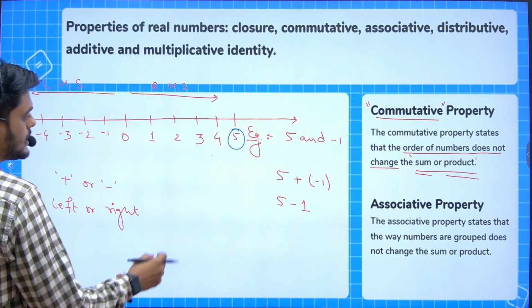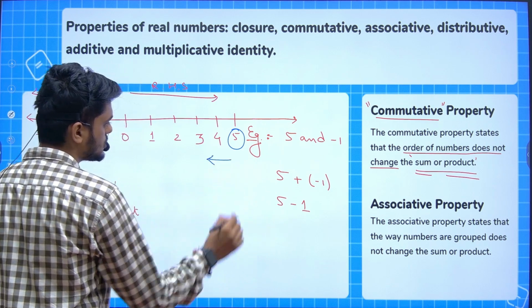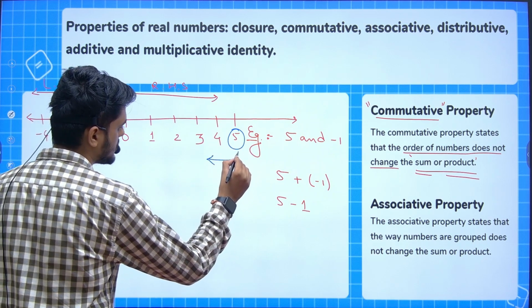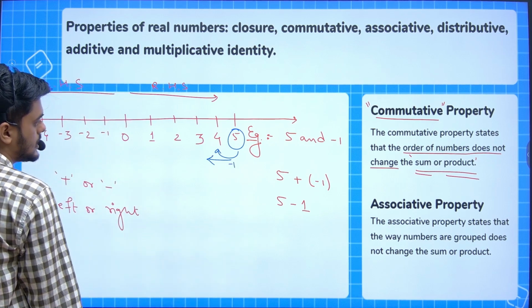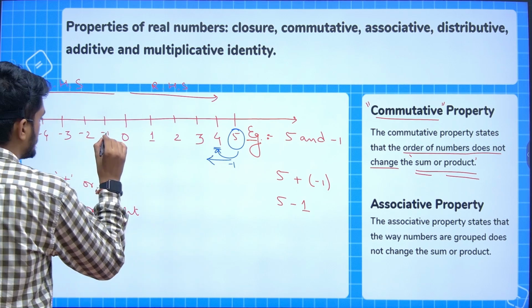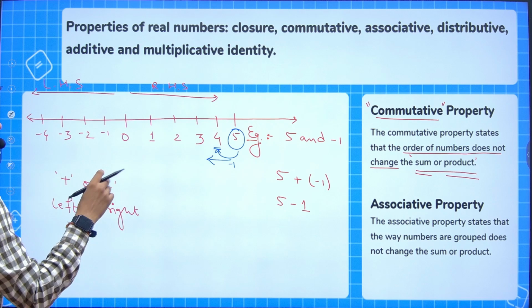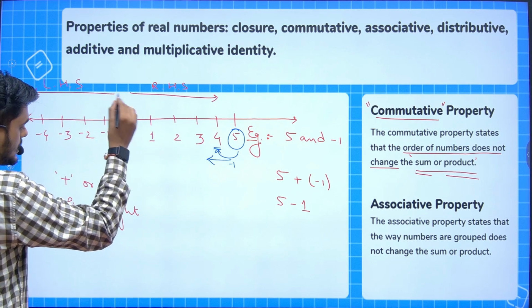Now if we need to subtract anything, we need to move to the left. Now basically 5 minus 1 would result in 4. And if I take minus 1 and then need to add 5 quantities to minus 1, I need to jump to the right side.